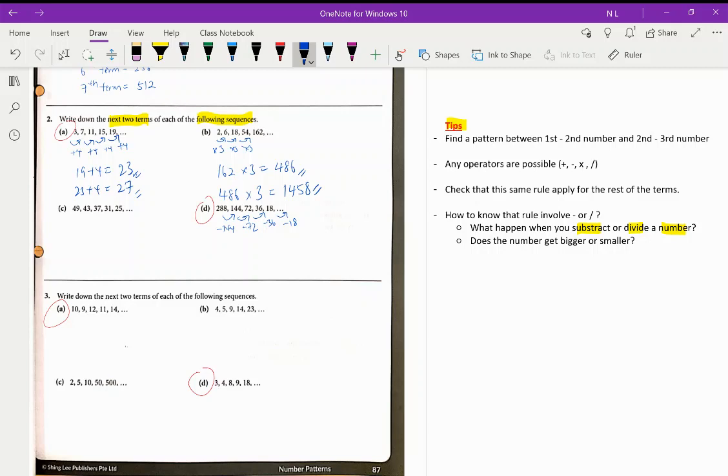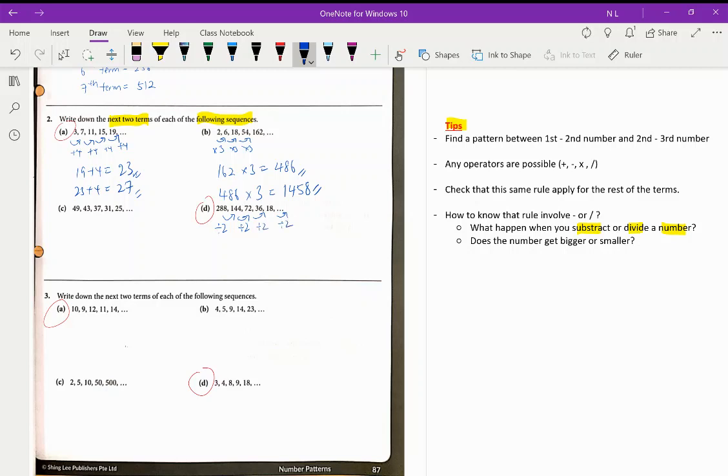So when you are subtracting by half the number, that means you're actually dividing by 2. So you divide by 2, divide by 2, divide by 2, divide by 2.